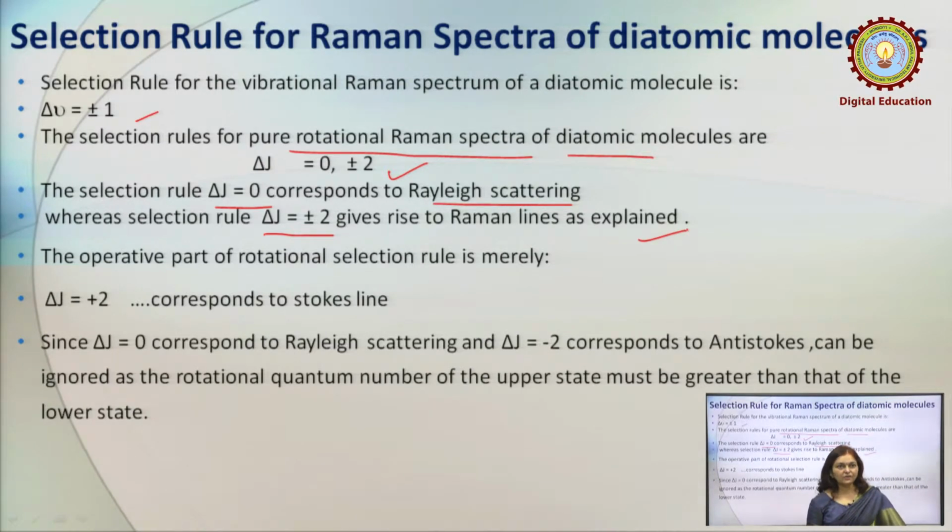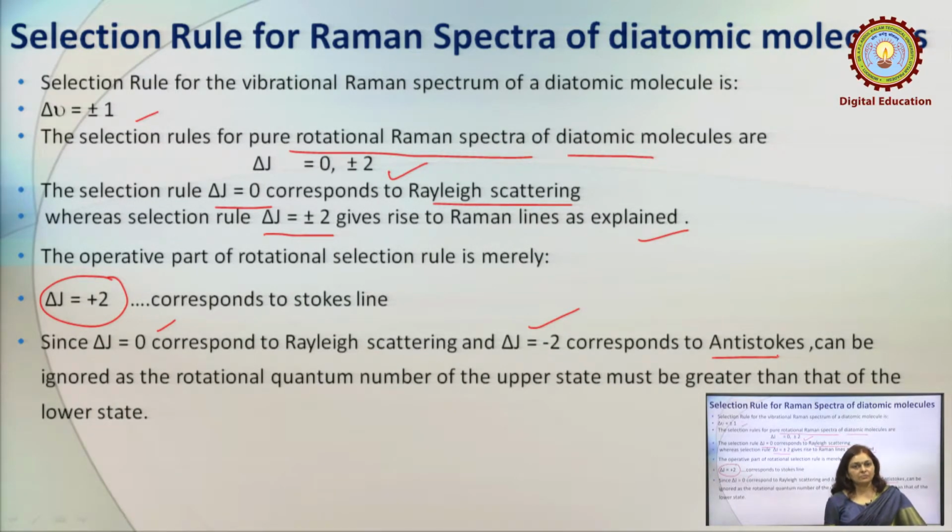The operative part of the rotational selection rule is only delta J equals plus 2, and it corresponds to the Stokes line. Delta J equals 0 corresponds to the Rayleigh scattering, and delta J equals minus 2 corresponds to the anti-Stokes line, and it must be ignored.